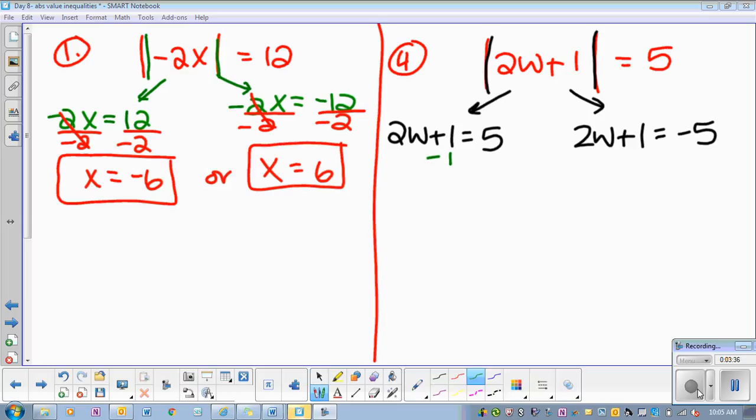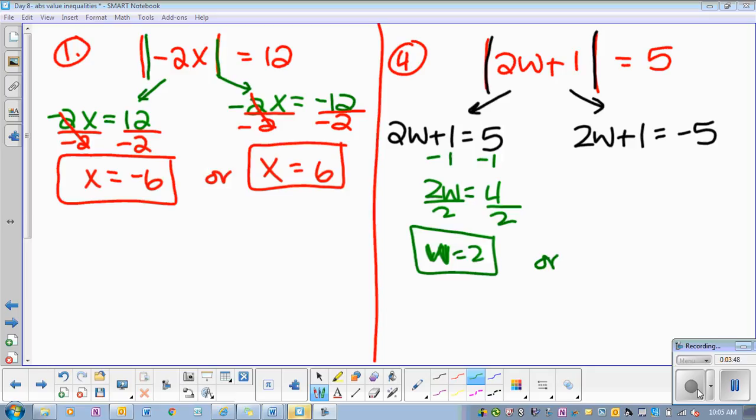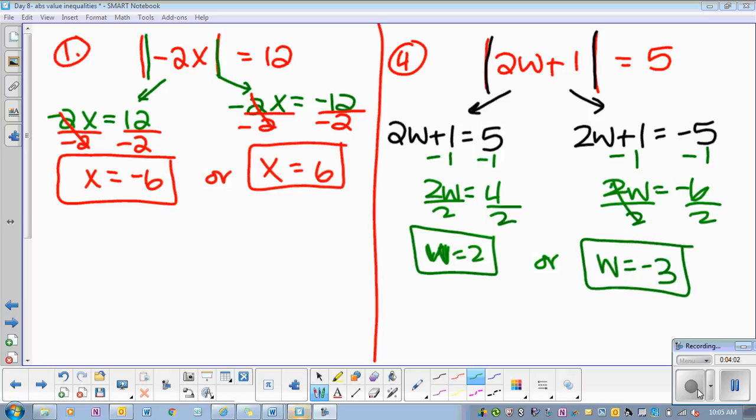So I'm going to solve: subtract the 1, 2w equals 4, divided by 2. Now w equals 2. Same thing, subtract the 1. 2w equals negative 6. Divided by 2. W equals negative 3. Okay? Are we okay with these?